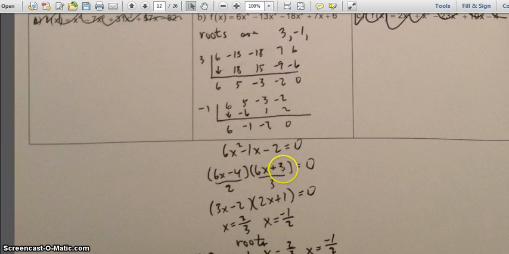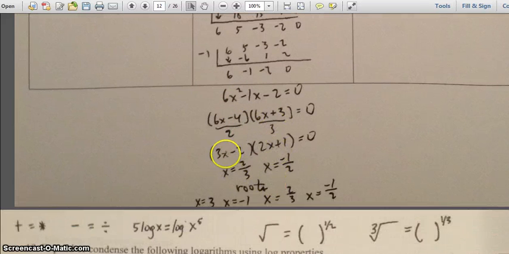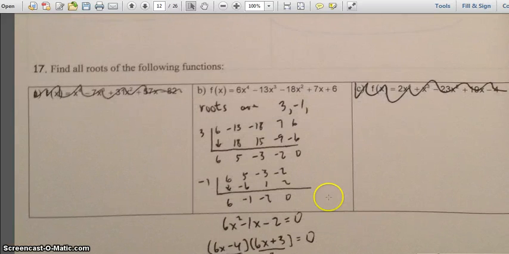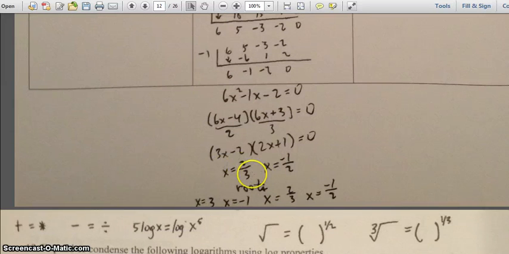Negative 4 and positive 3. Again, remember the 6x goes in front of each. The first parentheses, they're both divisible by 2. The second parentheses, they're both divisible by 3. Once I get that, I find out what makes them 0. Then I list out all 4 roots. They asked me for just the roots, so I'm listing out all 4 roots there.